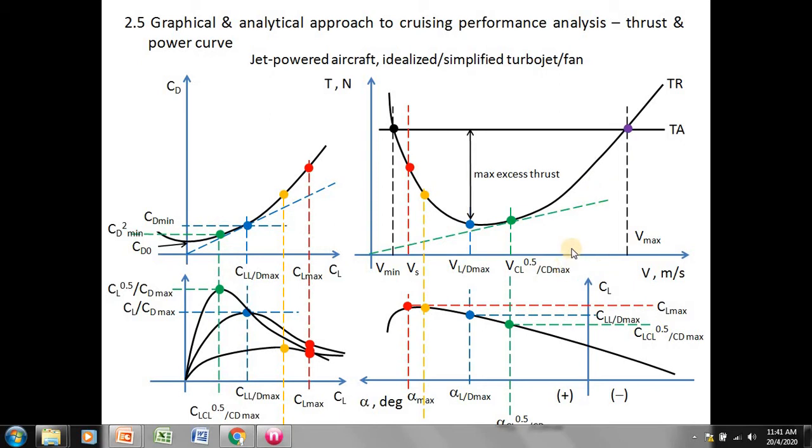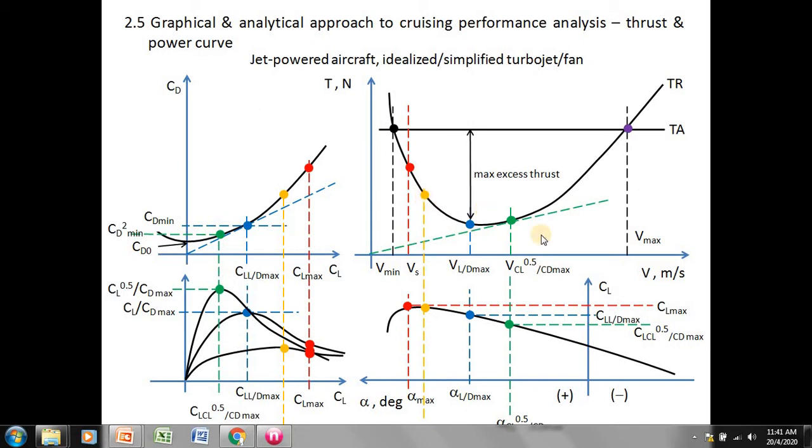Or what is the lowest? For example, the blue point is the lowest drag. It is the lowest amount of thrust needed for you to fly at this velocity, in this case the velocity at L over D max, or velocity for minimum drag. And there are other points.